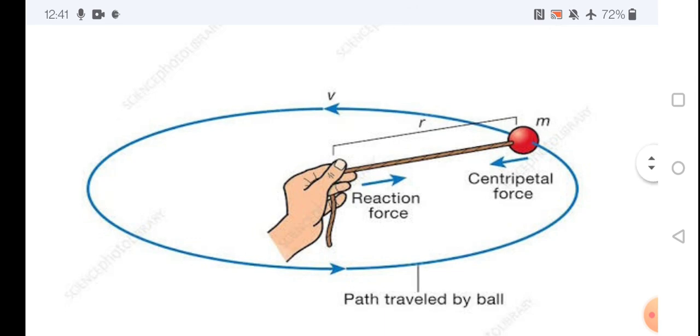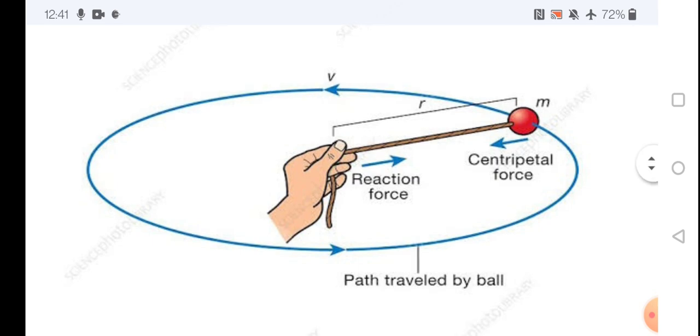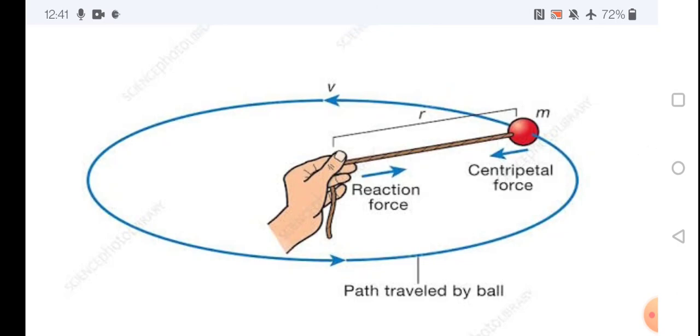See the first arrow, the reaction force. He is applying the force in this direction, whereas the centripetal force acts in the opposite direction. Simply, centripetal force is a force which attracts towards the center. The direction of the centripetal force is always towards the center.